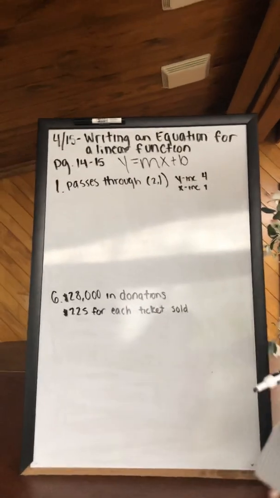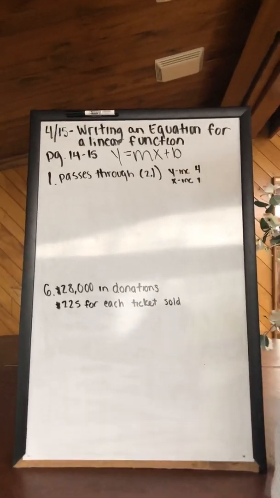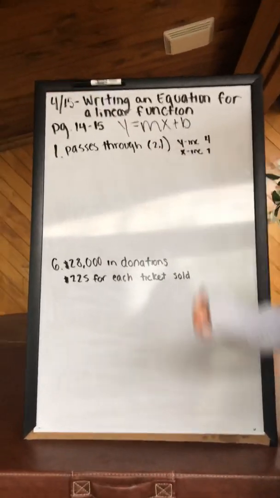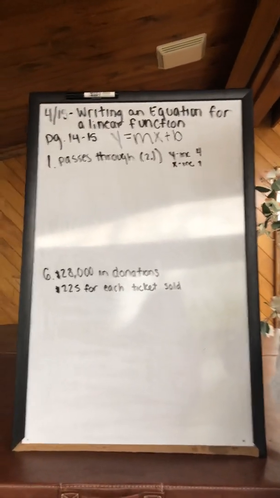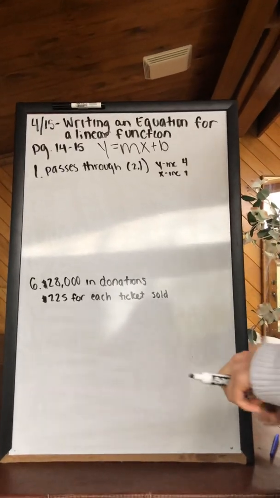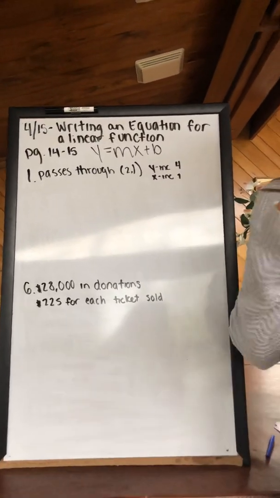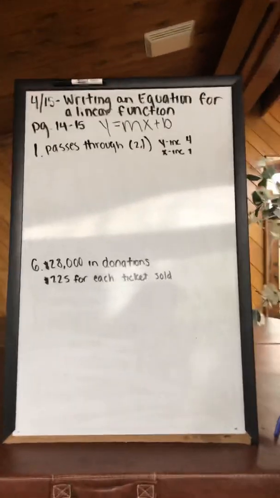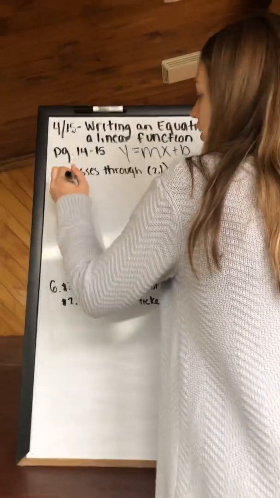Number 1, we are writing a linear equation for a line that passes through the point (2, 1). Your y is increasing by 4 and your x is increasing by 1. Again, for a linear function, we need two things, slope and y-intercept. Let's start with our slope.